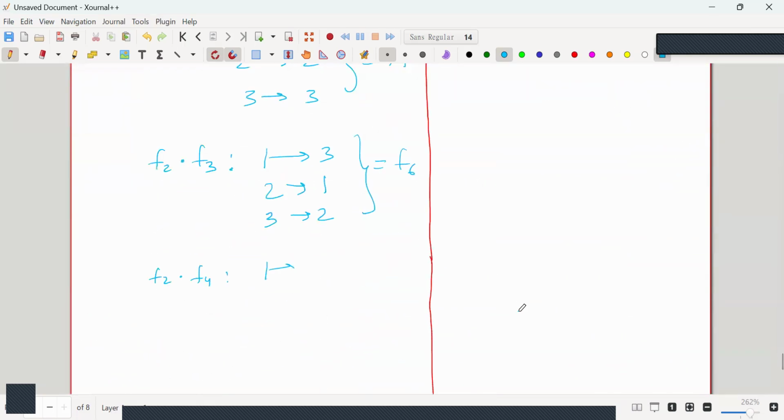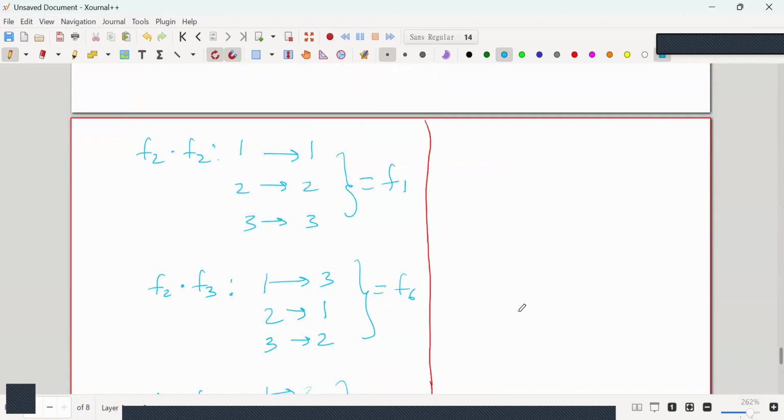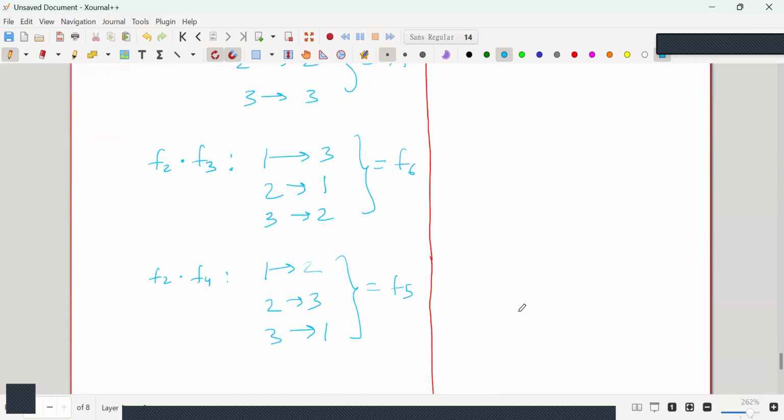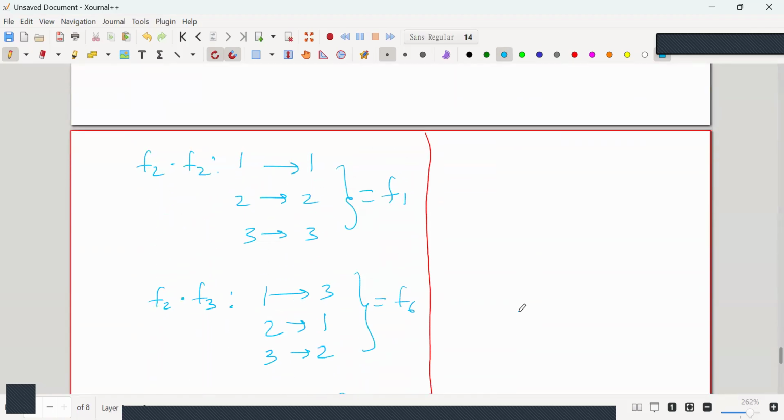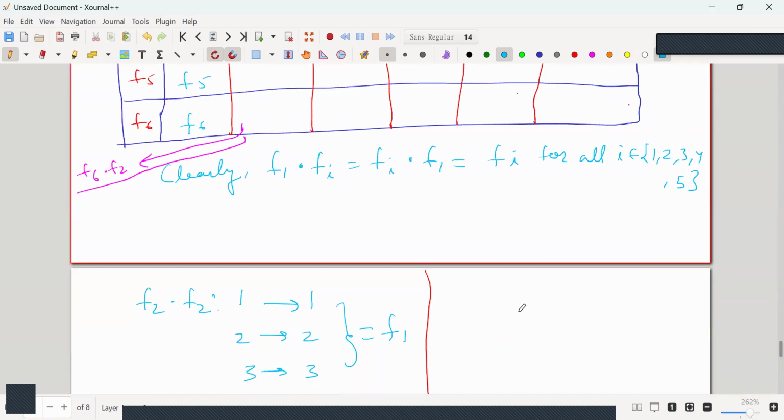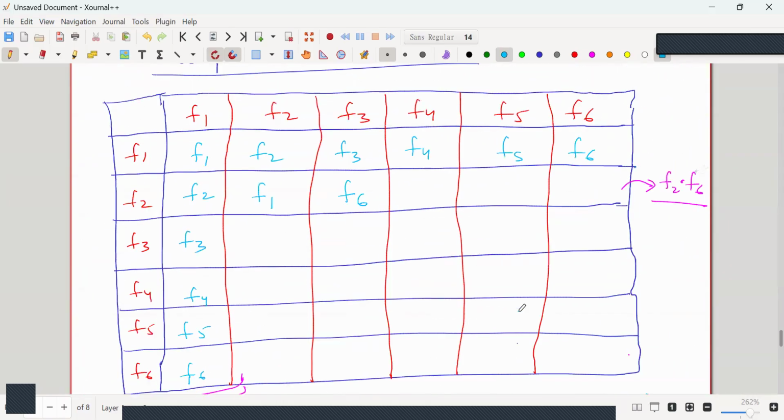So 1 going to 2, 2 going to 3, and 3 going to 1. So this is F5.